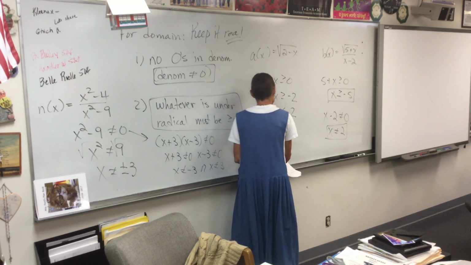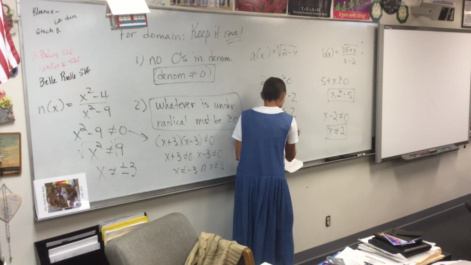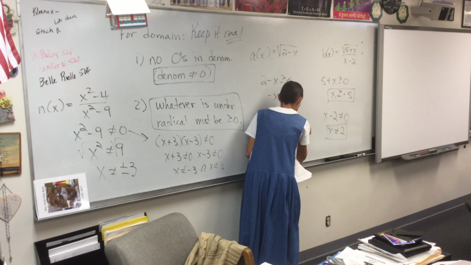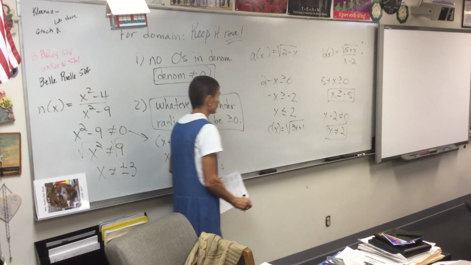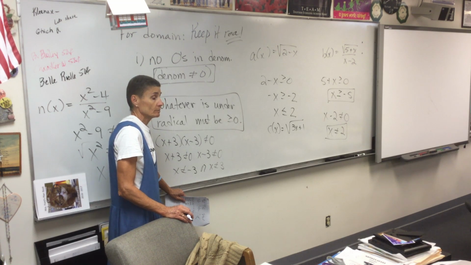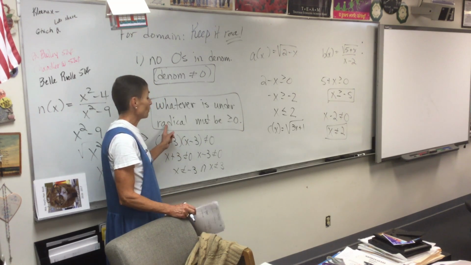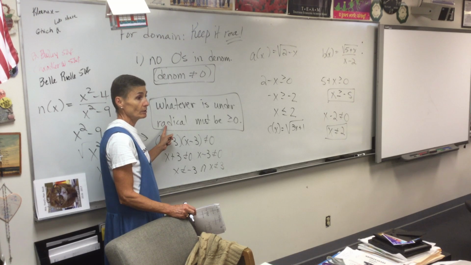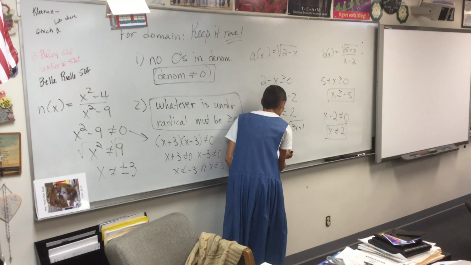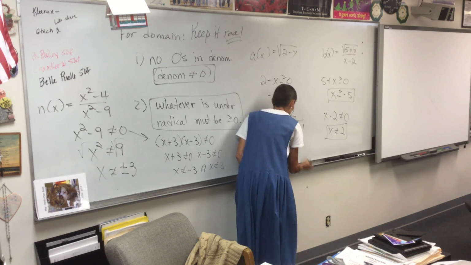One more. C of x equals the square root of 3x plus 1. I have a radical. I know that whatever is under the radical has to be greater than or equal to 0.